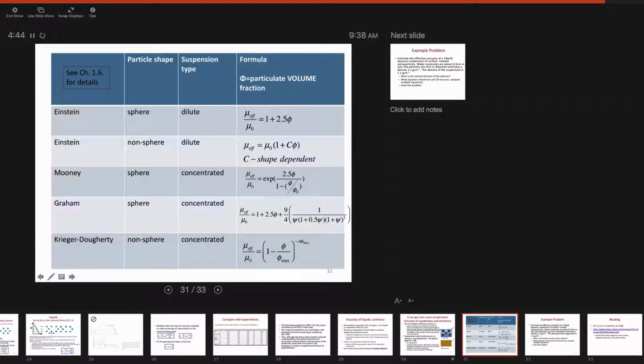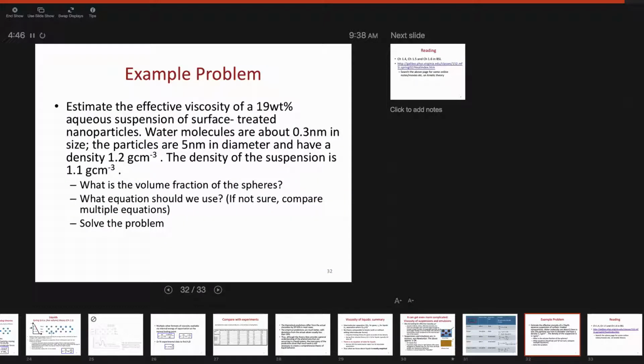Okay. So just for the couple of minutes left, let's actually do an example problem. So take a piece of paper and estimate the effective viscosity of a 19 weight% aqueous suspension of nanoparticles.